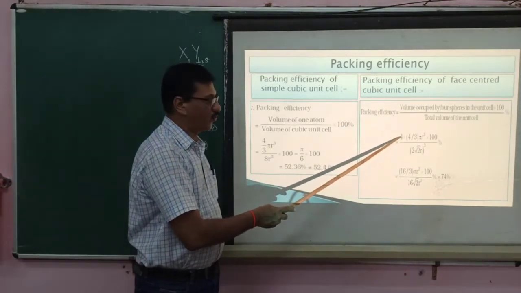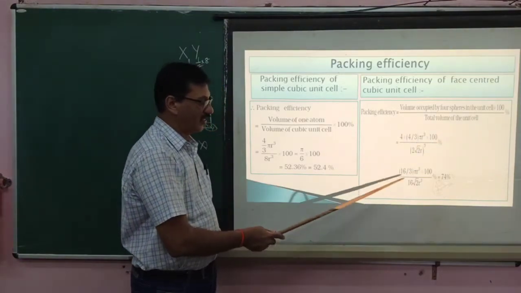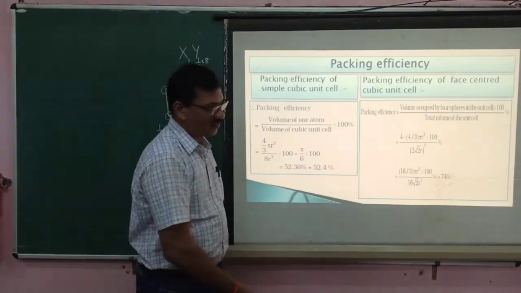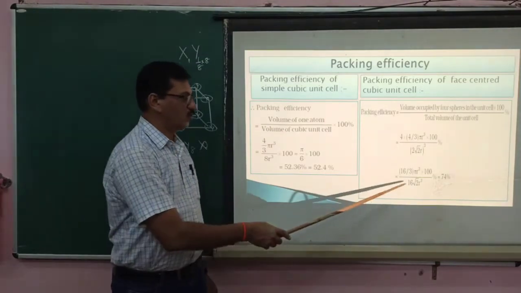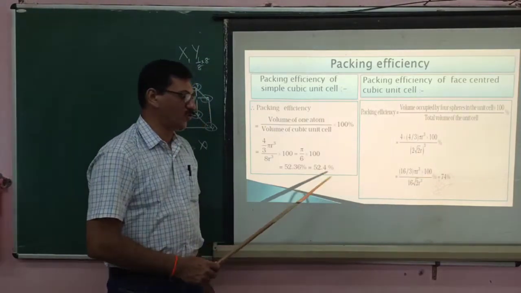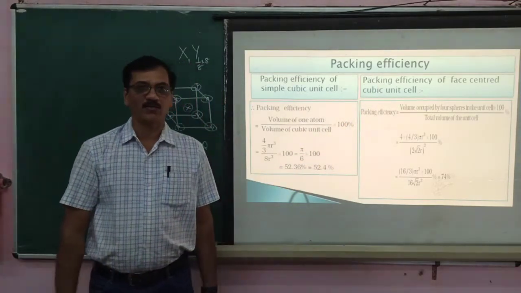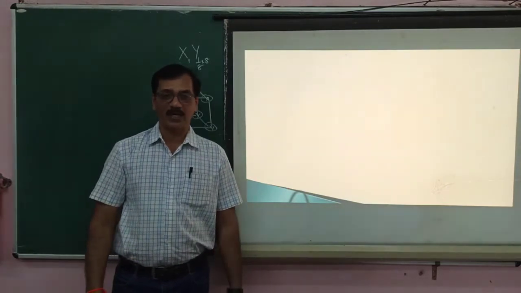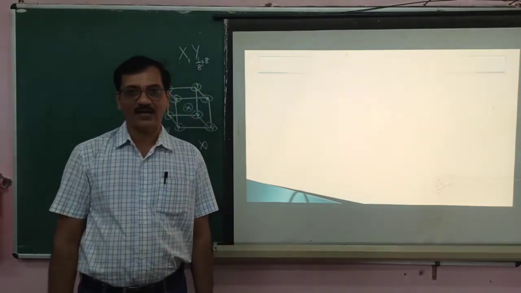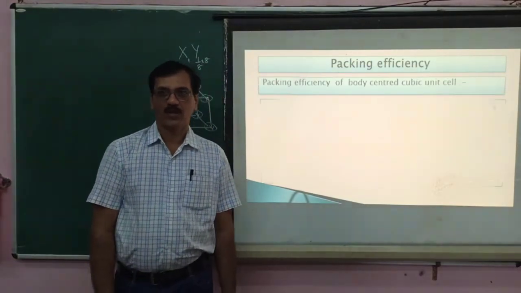So 4 into 4 by 3 pi r cube into 100 will give you the percentage. If you simplify it, it is 74%. See the difference: here it is 74%, there it is only 52.4%. So FCC, or CCP, cubic close packed arrangement, is more efficient in packing.